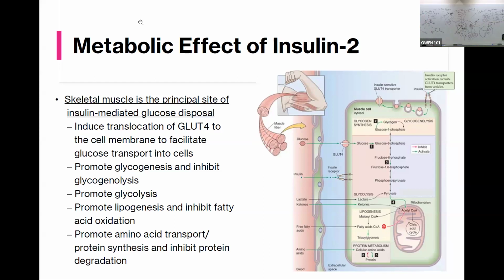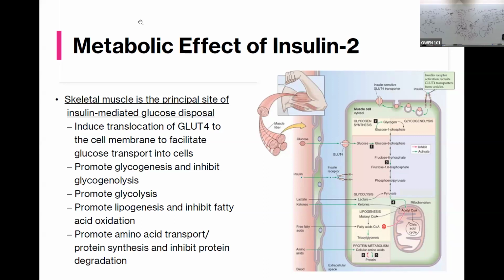One possibility is glycolysis. You make ATP out of it and pyruvate. Another possibility is glycogen synthesis, because you take sugar and make glycogen.